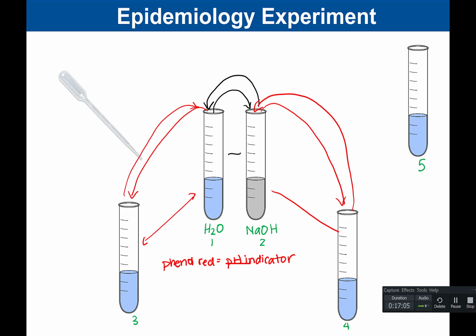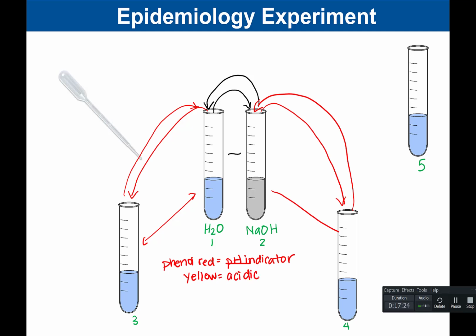And you might recall we used phenol red back when we did our photosynthesis experiment. And so you might recall that if we blew into the phenol red, it turned yellow because yellow is acidic.